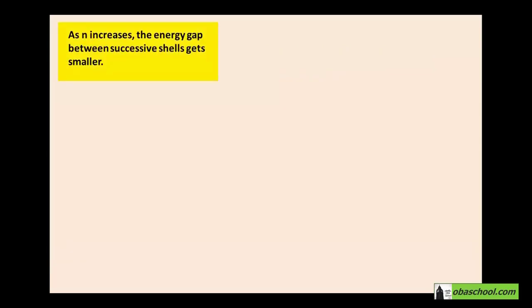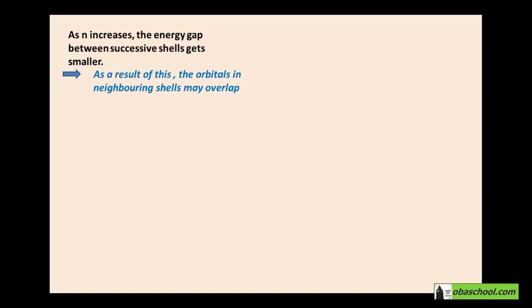As n increases, the energy gap between successive shells gets smaller. As a result, the orbitals in the neighboring shells may overlap. We have seen in the previous videos that n is the number of shells.